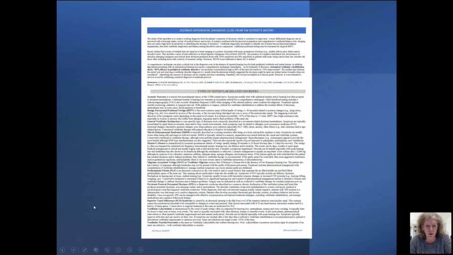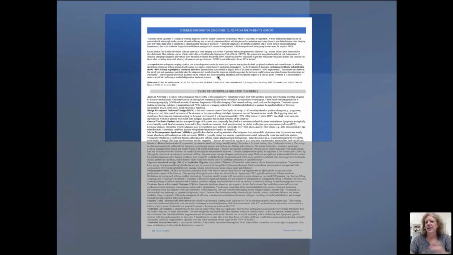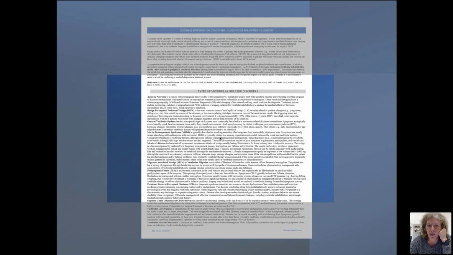Obviously, I'm not going to read this one, nor are you going to be able to read it. But on the back side of this handout, it has some stats. It talks about the HINTS test, has a couple of references, and then it goes over the more common types of vestibular disorders.